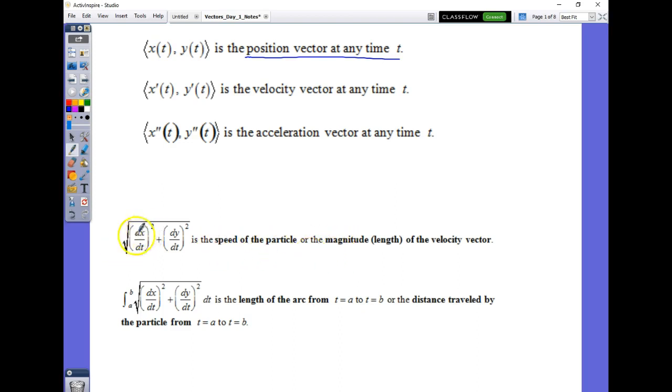That should make sense because I'm squaring these values and adding those together, getting a square root, you're always going to get a positive. And if we take the speed and integrate it, then we're going to go from whatever that speed dimension is to simply a length. And this is a modification of the arc length formula, which we've seen earlier this week.